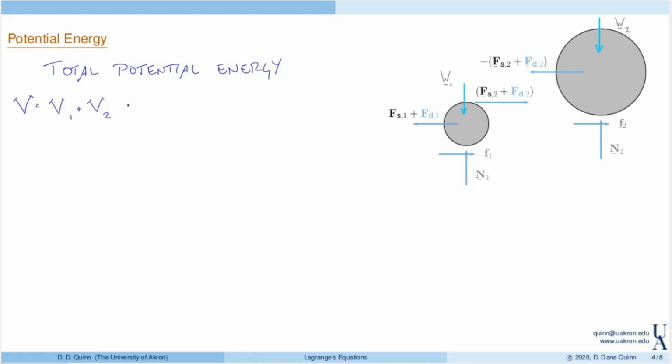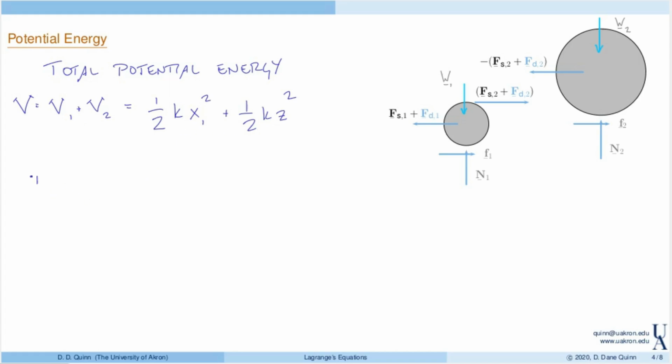So looking at these springs, we have 1/2 times the stiffness, and so we'll look at spring 1 first, times the stretch in that spring, so that's x1 squared. And then for the second spring, we had 1/2 k, and the stretch was defined as z squared. So the total potential energy is just the sum of those two.